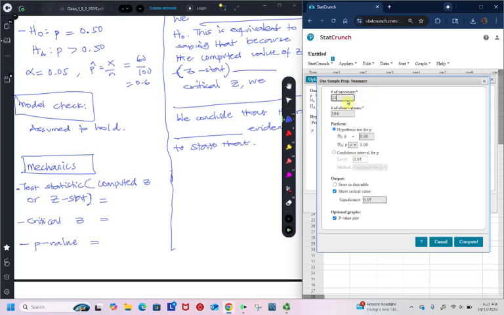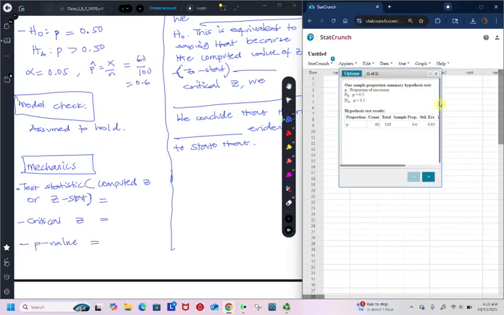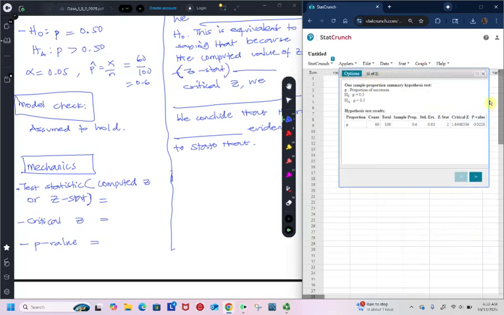And to edit this, I will need to change this to 60 out of 100. And the null value this time is 0.50. And the alternative, I have to make sure I indicate that it is greater than. And I would like to go again to compute. So let us see what that looks like.